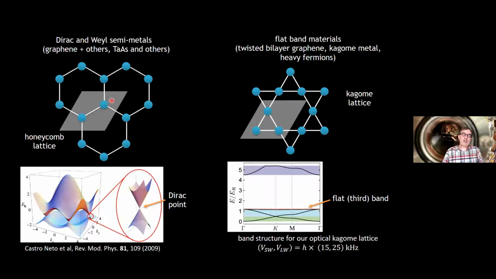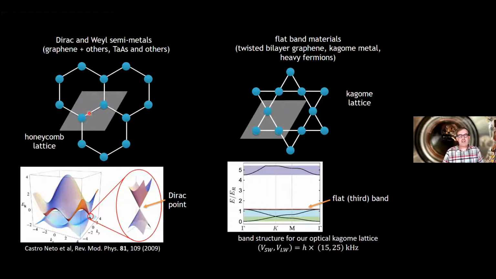So those locations can form, let's say, a honeycomb lattice coordination. I'm talking about two-dimensional lattices. Or also in our work, we often work with something called the Kagome lattice. And these two lattices allow us to get to the heart of these two types of materials.